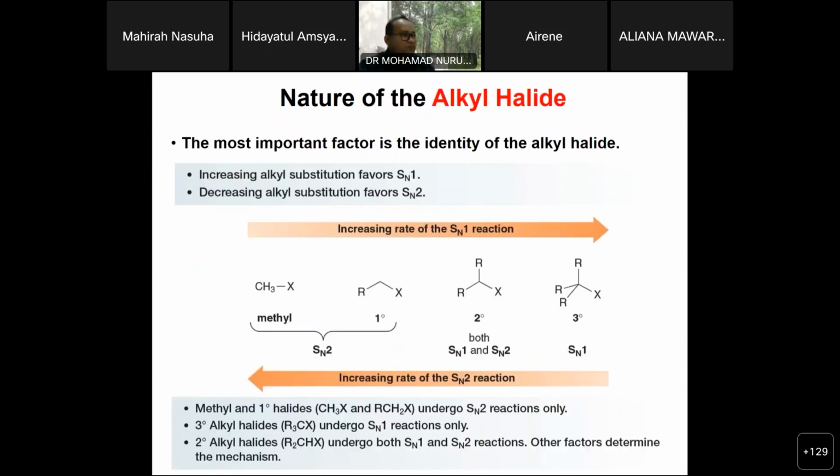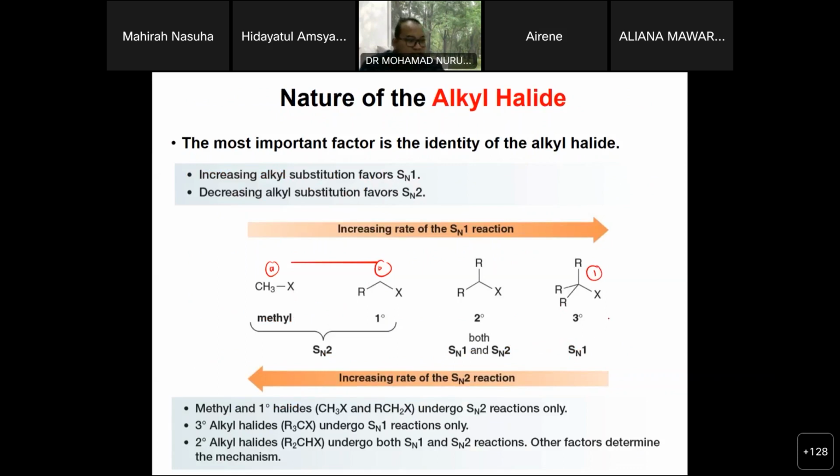For example, the nature of the alkyl halide. It is the most important to identify, the first one I guess. Increasing alkyl halide substitution favors SN1, of course. Decreasing substitution favors SN2. For these two, A and B, we favor SN2. Meanwhile, the number one favors SN1 because of carbocation stability.